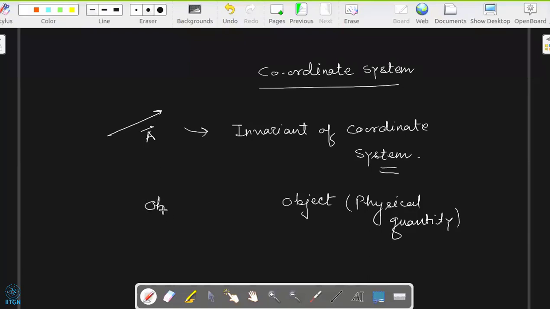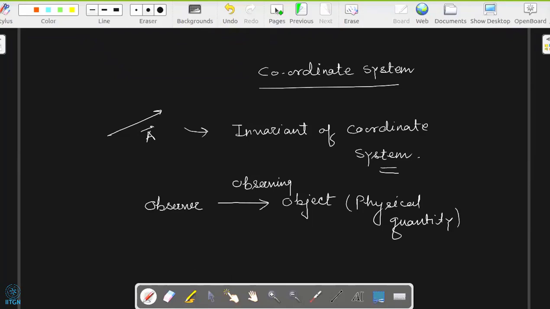This object itself is not enough to define the process. We need an observer who is observing it. So there is an observer observing an object, which for us is a physical quantity. These three together complete the whole phenomenon that we are observing.